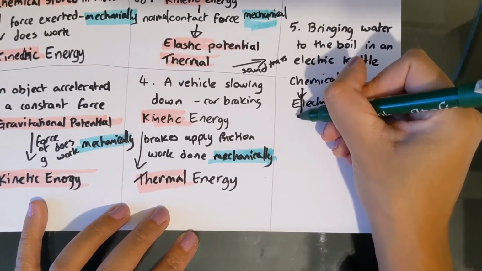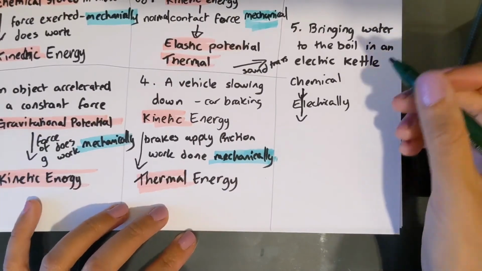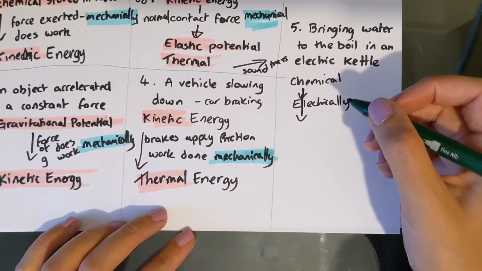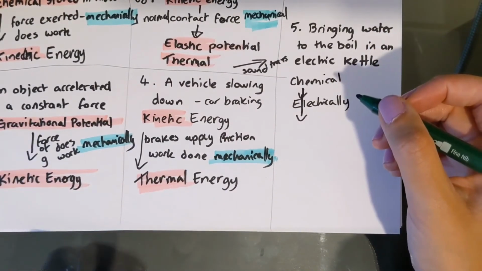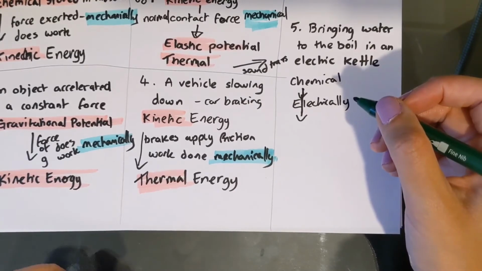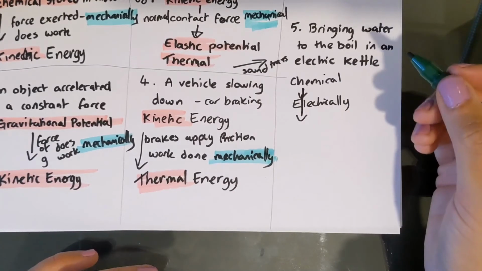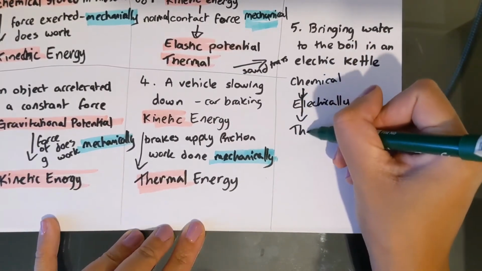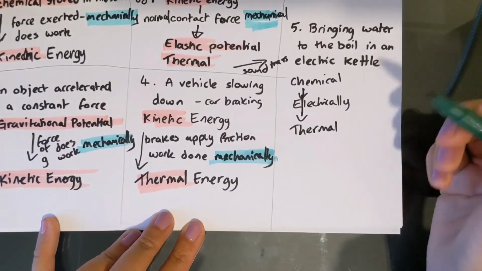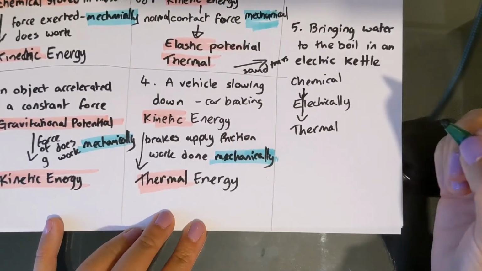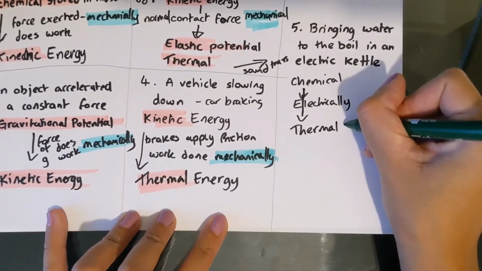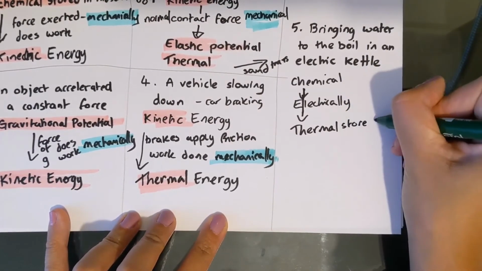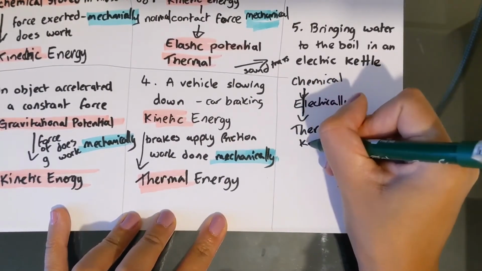That should just be one arrow through. Electrically to the thermal store. Yeah, the thermal store of the kettle's heating element.